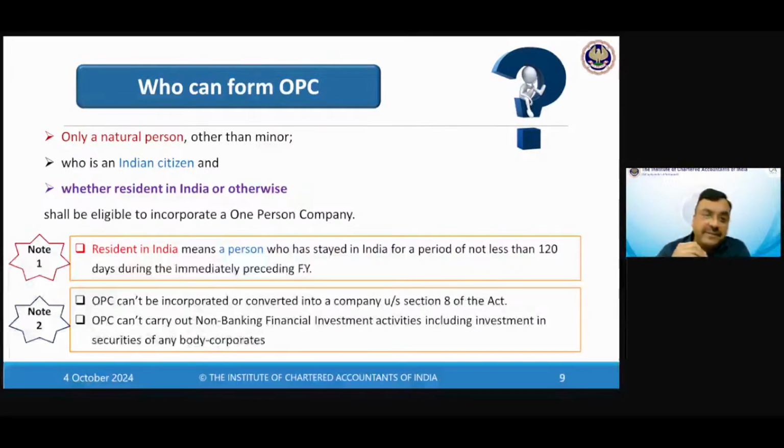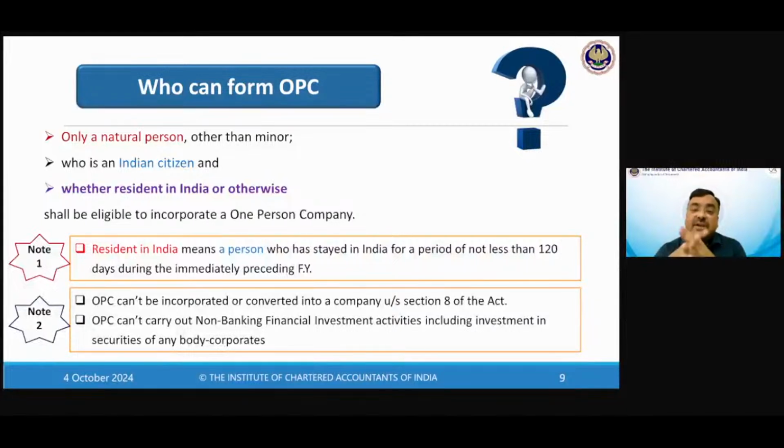Now, who is resident in India? A person who has stayed in India for a period of not less than 120 days during the immediately preceding financial year.